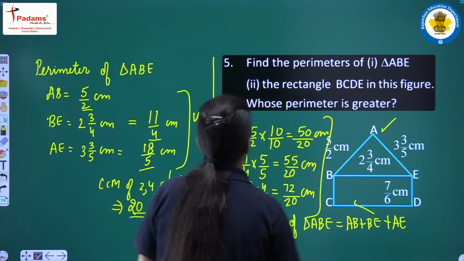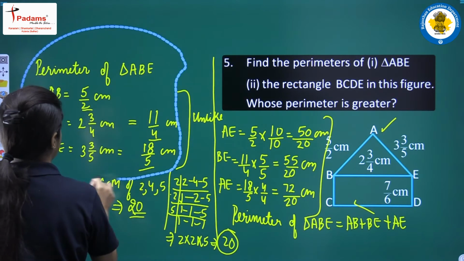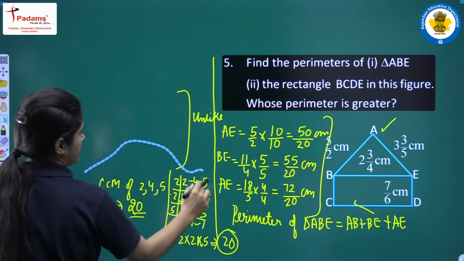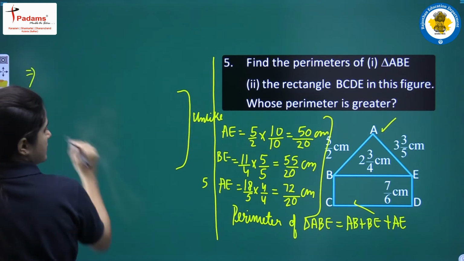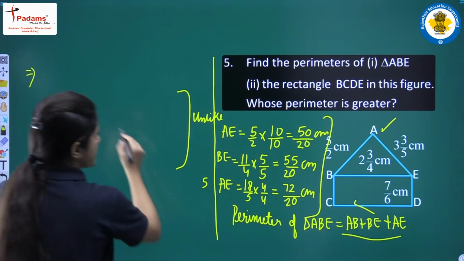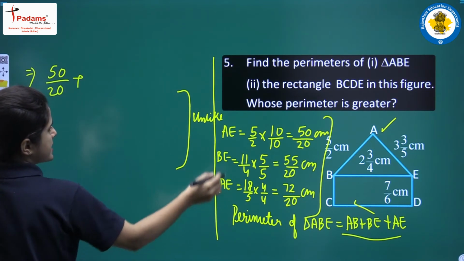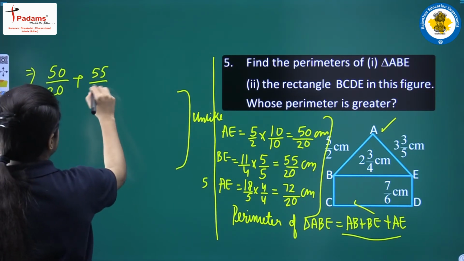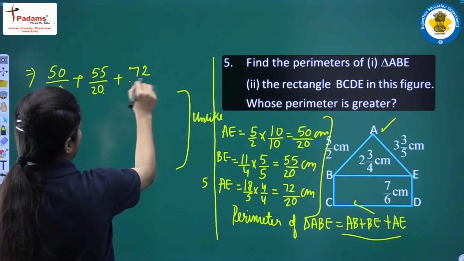Now we'll do this part. AB is equal to 50 upon 20. Next, BE is equal to 55 upon 20. Then it is 72 upon 20.